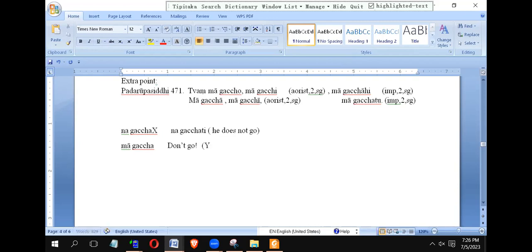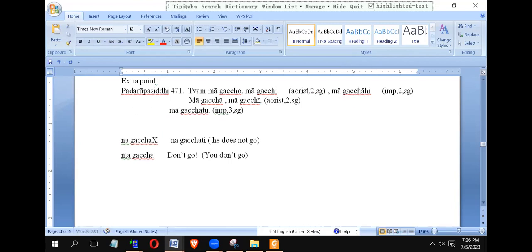Yes, Magachatu, that one is third person. Oh yeah, okay, sorry. This means that according to this Pada Rupa Siddhi, it can be beside the second person, it can be third person also. But all these are grammar points, in grammar books, okay?